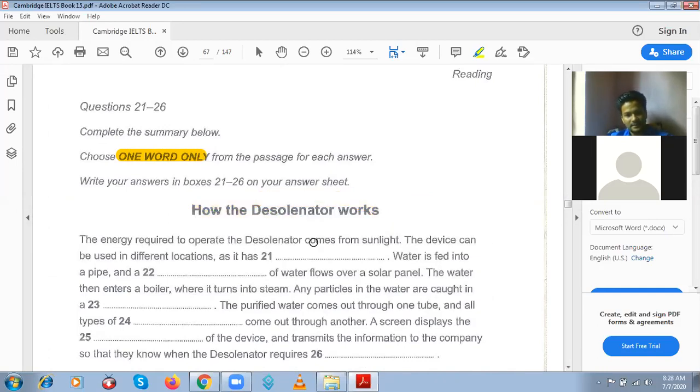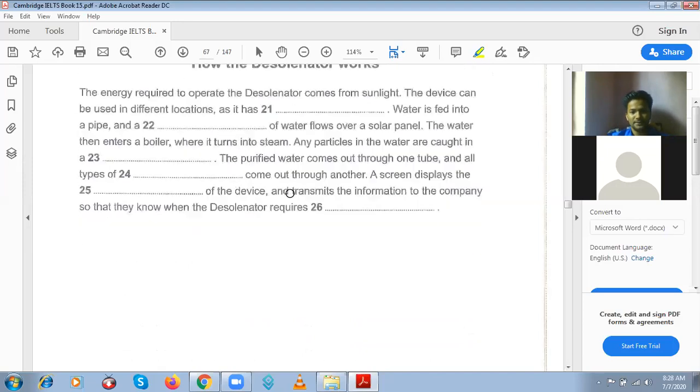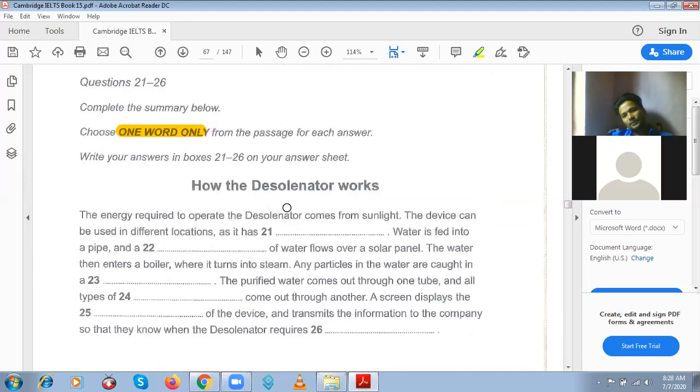This is summary completion without options. In this passage we have just two types of questions: matching headings and summary completion.